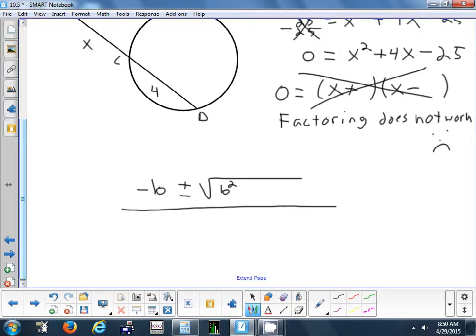Anyone remember what comes after that? Minus. And then there's a number, 4. And what are the other 2 letters we have? A. We already used b. C. And then it's all divided by 2 times A. Yeah, got to be A. That's the quadratic formula.